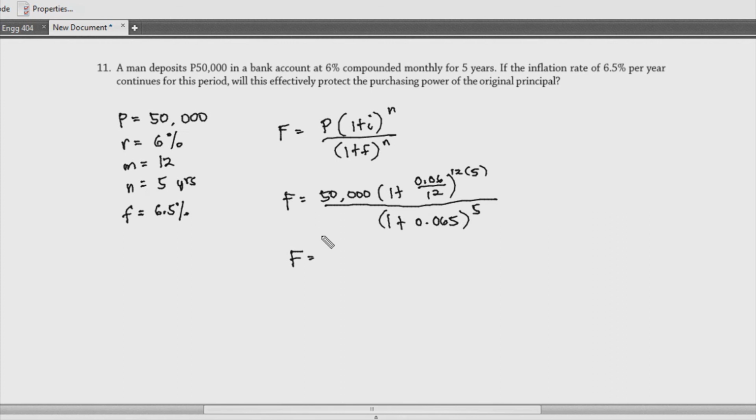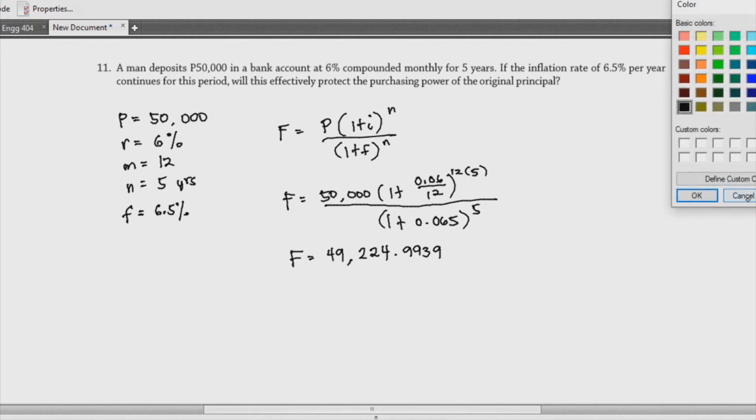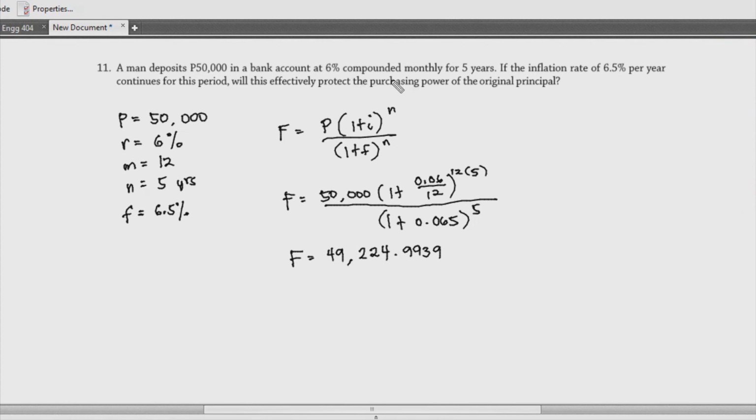Okay, so basically if you try to compute for this, the answer is equal to 49,224.9939. Okay, so this is your answer, and the question is, will this effectively protect the purchasing power?